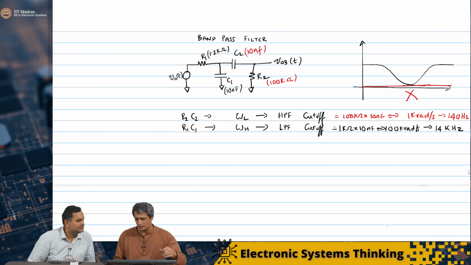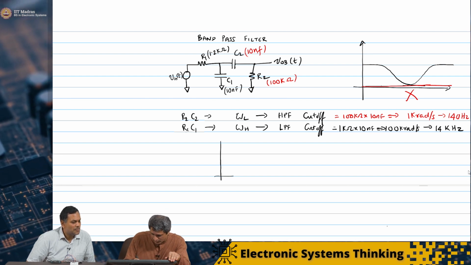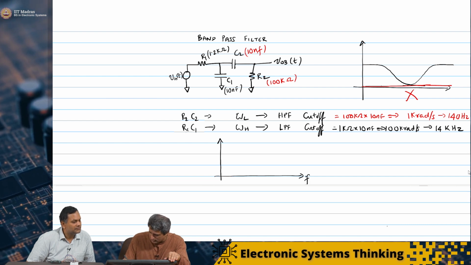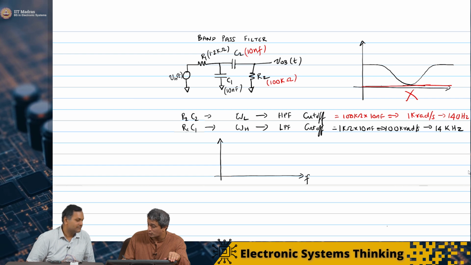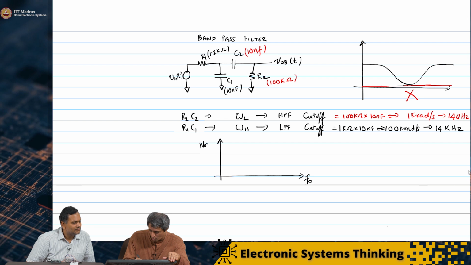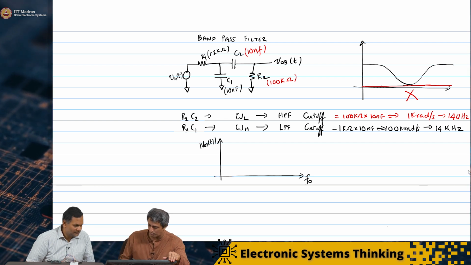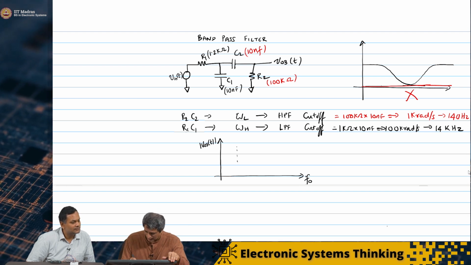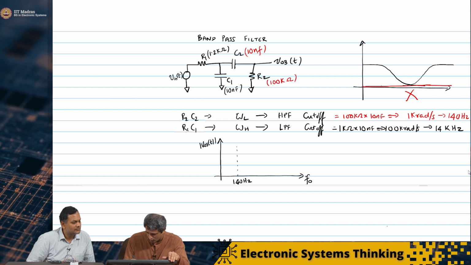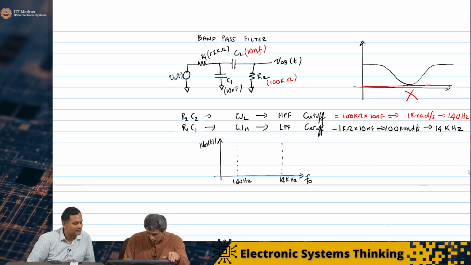Effectively we are looking at a frequency response which looks something like this. I am plotting VO3 of t amplitude with respect to frequency, not omega naught. At 140 hertz you have a cutoff here, and then you have something at 14 kilohertz.